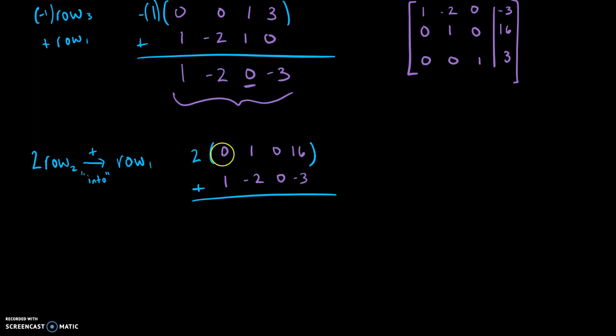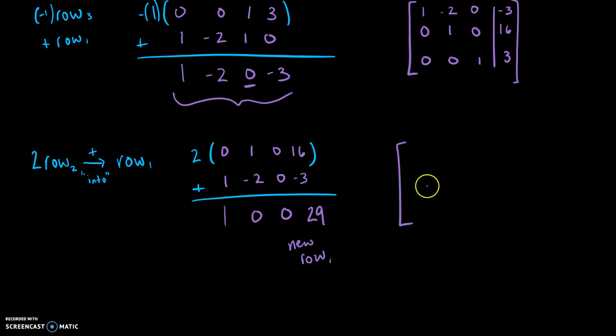We get 2 times 0 is 0 plus 1 is 1. 2 times 1 is 2 plus -2 is 0. 2 times 0 is 0 plus 0 is, guess again, 0. 2 times 16 is 32 plus -3 is 29. And now this is our new row 1.